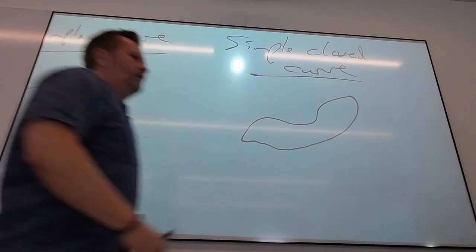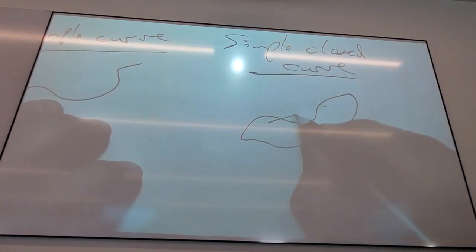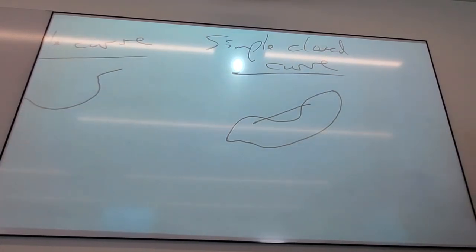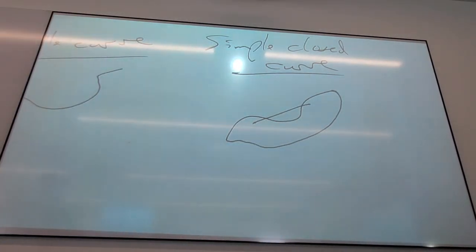Or can you find anywhere two points that when you try to connect them, you have to leave? You do have to leave. So therefore, it's concave. Is that right? It never comes back on itself.